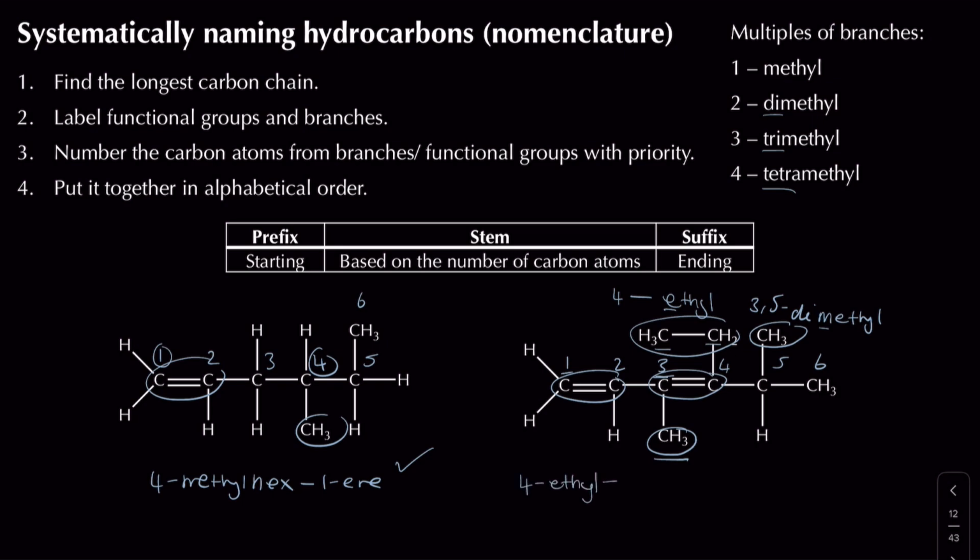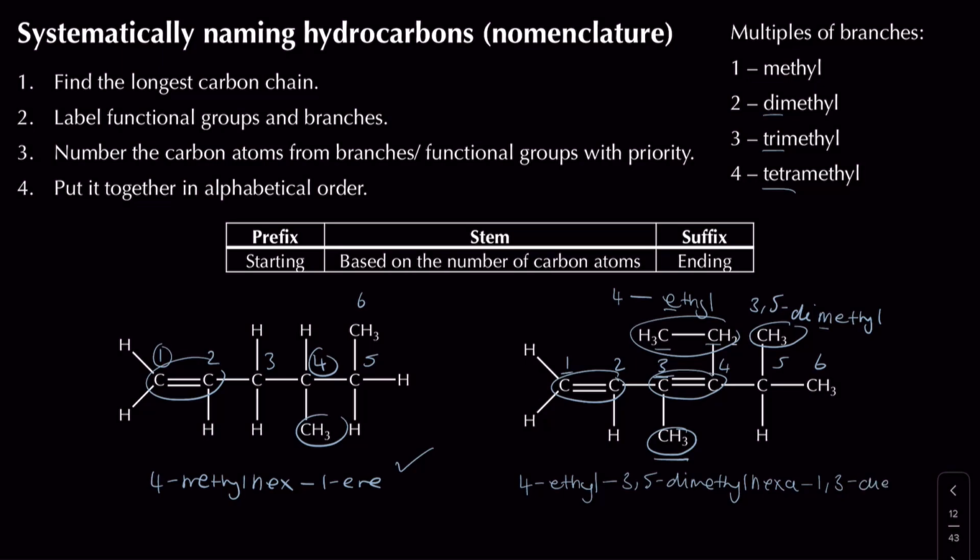And then you're going to separate it out using another hyphen. You're going to add 3,5, and then it's going to be dimethyl again. And then you're going to end up with your stem, which is of course going to be hex. And then your suffix, which you can go ahead and name and say it's hexa, and then hyphen, and then state the positions where you've got 1 and then it's going to be 3-diene.